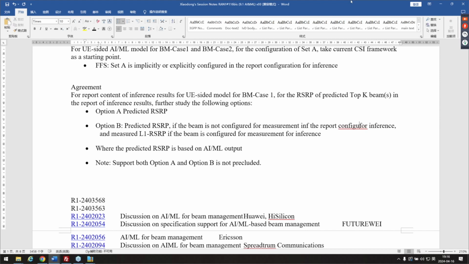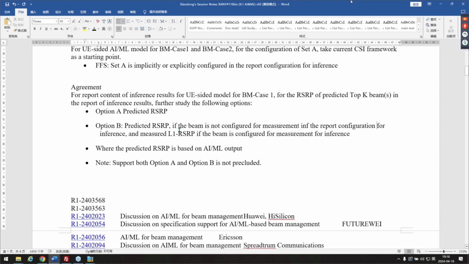But the main bullet is talking about reporting for inference, right? So it must be a report configuration for inference. Does not mean the report configuration has to include such kind of information, right? Resource configuration without this purpose, yes, does not mean the report configuration for inference.